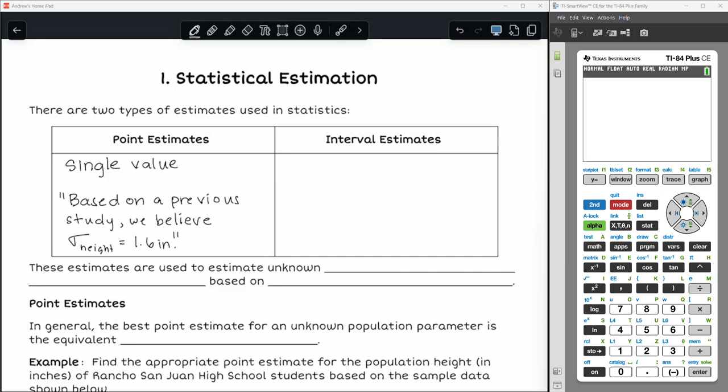The other option is to use an interval estimate, which provides a range of values. For example, based on our data, we might believe that the student mean height is between 59 and 62 inches.